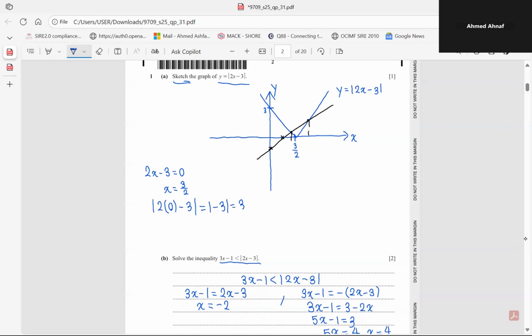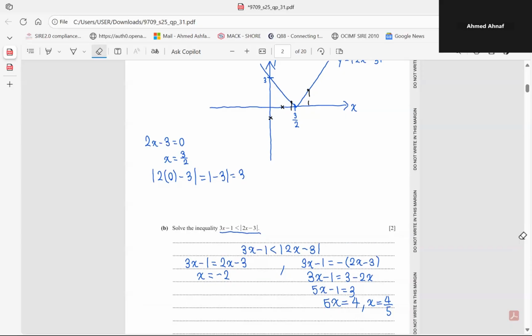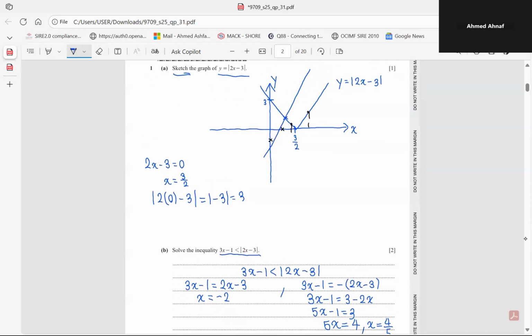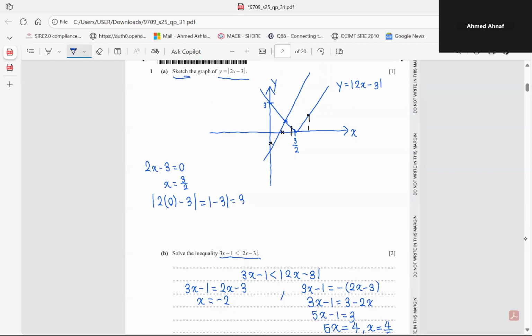Oh wait, sorry. My sketch of the curve was wrong. Since this straight line 3x minus 1 is steeper, it would look something like this, with only 1 point of intersection. So the only point of intersection would be on the left-hand side of the modulus curve.